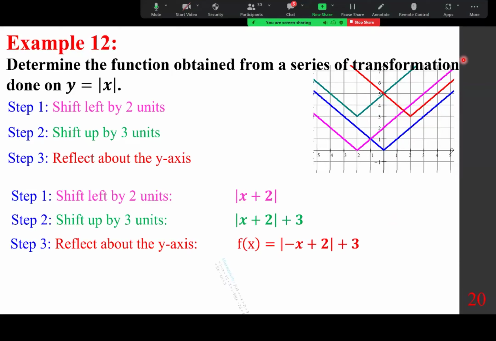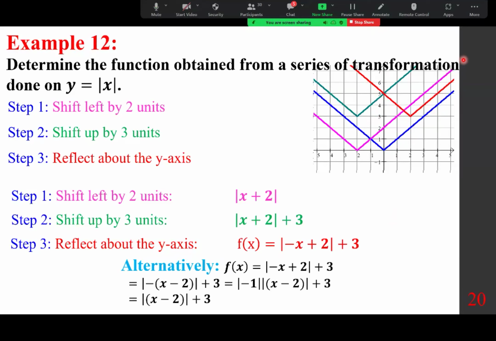Alternatively, f of x is the absolute value of minus x plus 2, plus 3. If you take the negative sign out, it becomes absolute value of x minus 2 plus 3. In other words, these are the same due to the nature of an absolute value, whether you use minus x plus 2 or x minus 2. In an absolute value sign, it's the same thing.